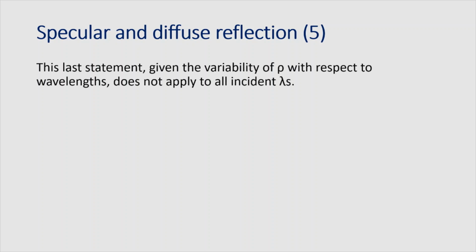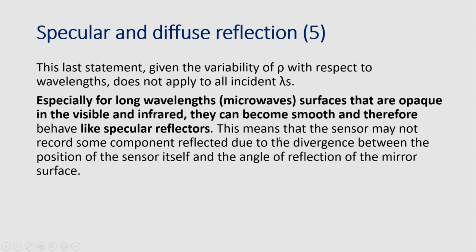This last statement, given the variability of the reflectance coefficient rho with respect to the wavelengths, does not apply to all incident wavelengths, especially for long wavelengths, the microwaves, which are the longest wavelengths we use to acquire images from satellites. Surfaces that are opaque in the visible and the infrared can become smooth and therefore behave like specular reflectors, as I mentioned before for the sands of a desert.